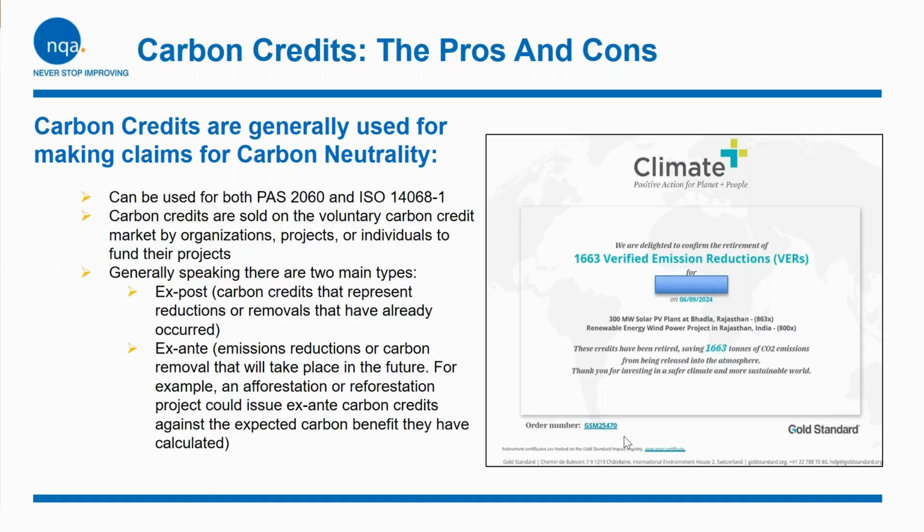There's ex post, so these are carbon credits that represent reductions or removals that have already occurred. And then the other one is carbon reductions or carbon removals that will take place in the future. So for example, a reforestation project will issue carbon credits against an expected carbon benefit they have calculated. So a number of different schemes within there.